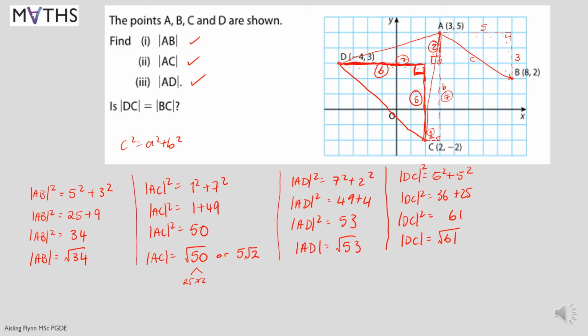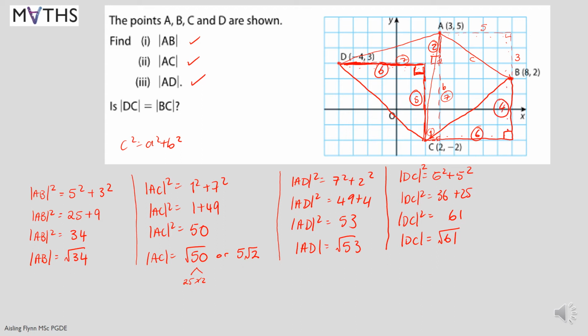Now, part of the same question is DC equal to BC, so we have to calculate B to C. Okay, there's B to C, and here's a right angle triangle created there. Now let's count from C across to B is 1, 2, 3, 4, 5, 6, and up from C to B is 1, 2, 3, 4.